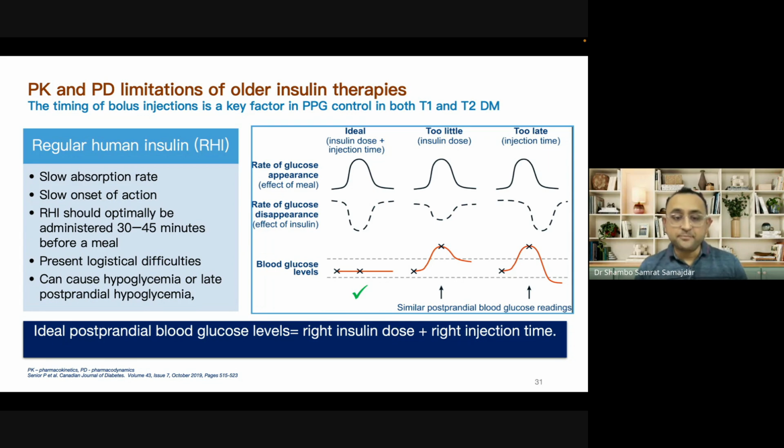It can cause hypoglycemia or late postprandial hypoglycemia. Most importantly, it also impacts patients with autonomic neuropathy, especially those with associated gastroparesis. To achieve an ideal postprandial blood glucose level, it is important to get the right insulin dose and, at the same time, the right injection timing.